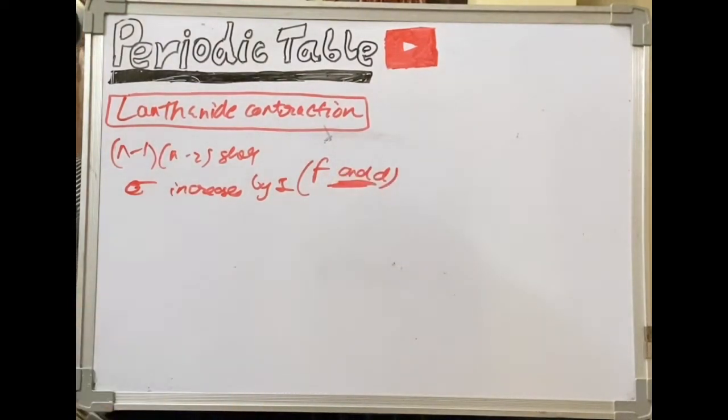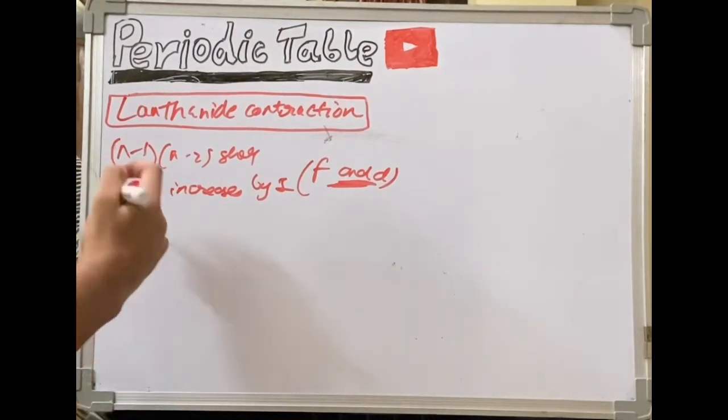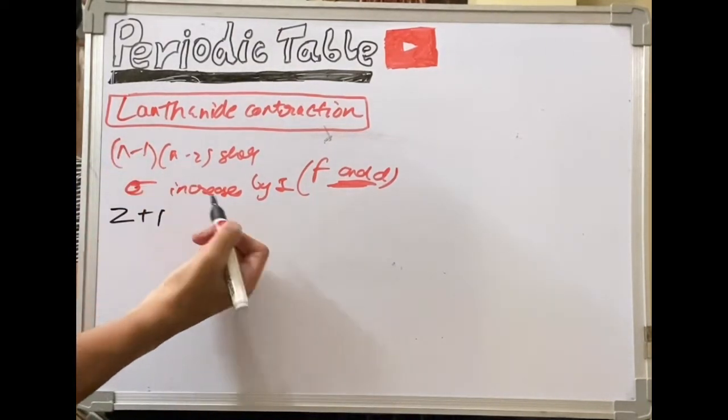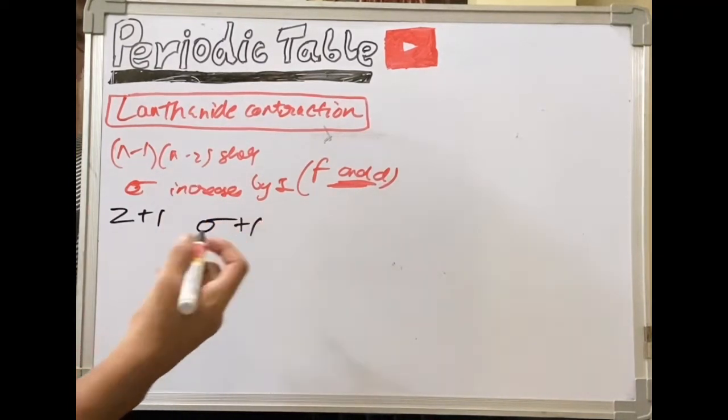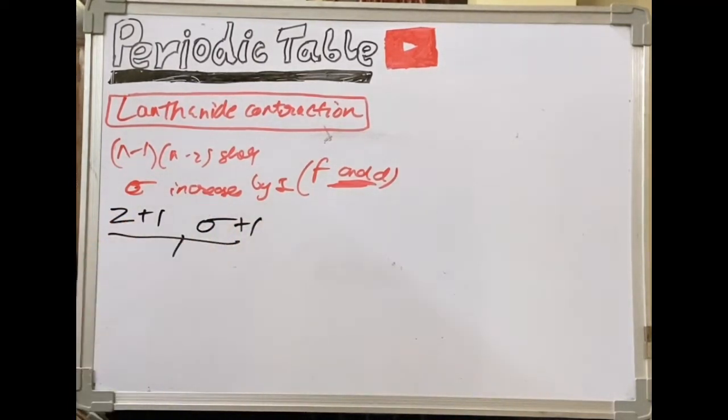But in the lanthanide series, the atomic number is also increasing by 1 for each element, and sigma is also increasing by 1. So can we say that they will have nearly the same atomic size? We can say that, and that is why we have put them together in a different series.